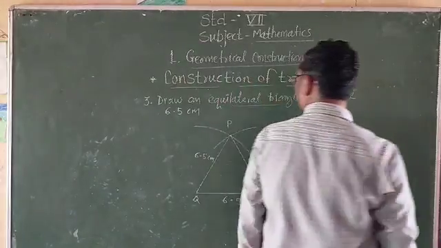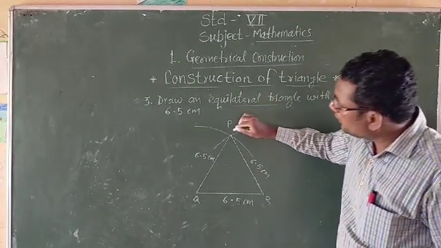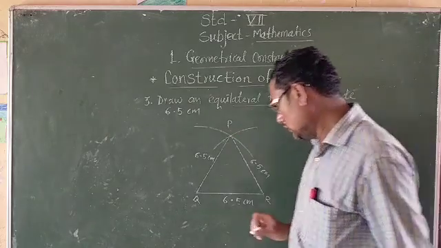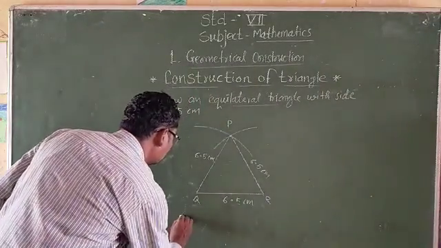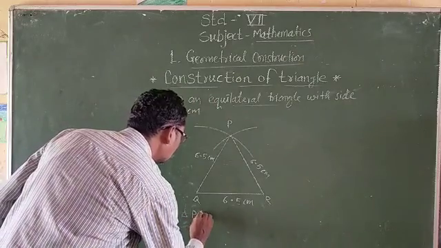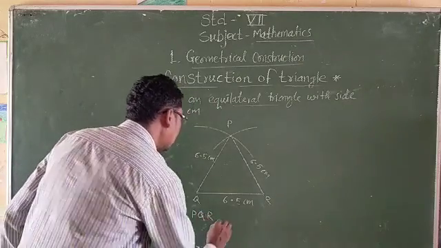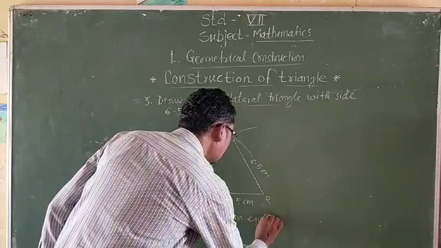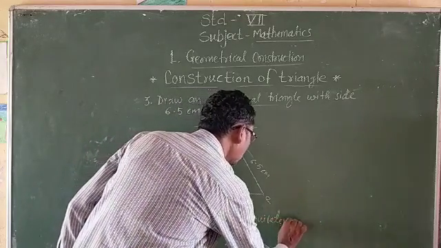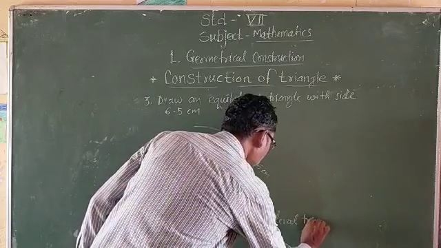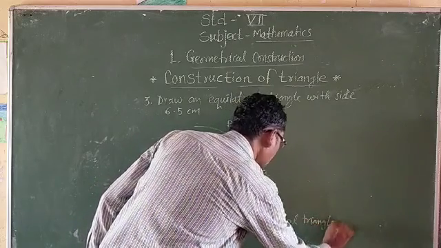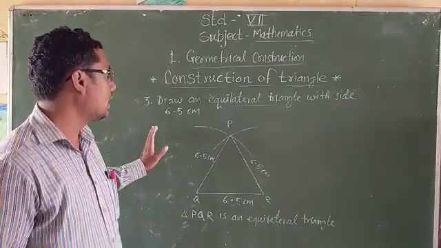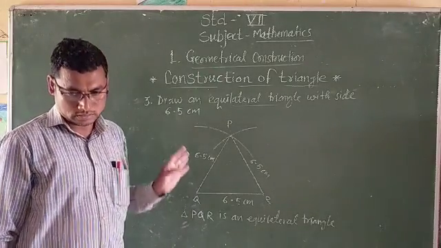So triangle PQR is an equilateral triangle. Like that, we construct an equilateral triangle.